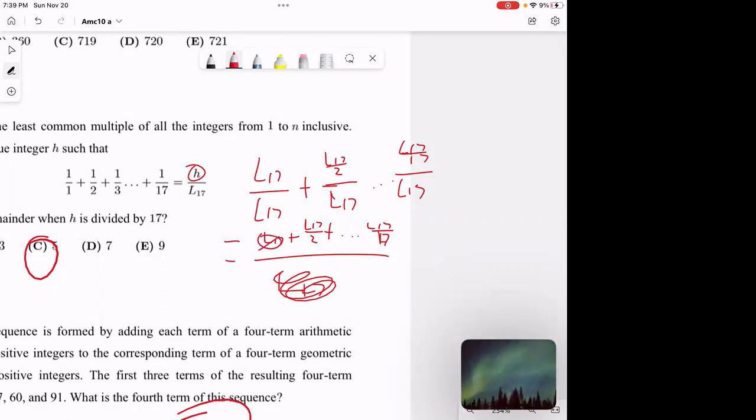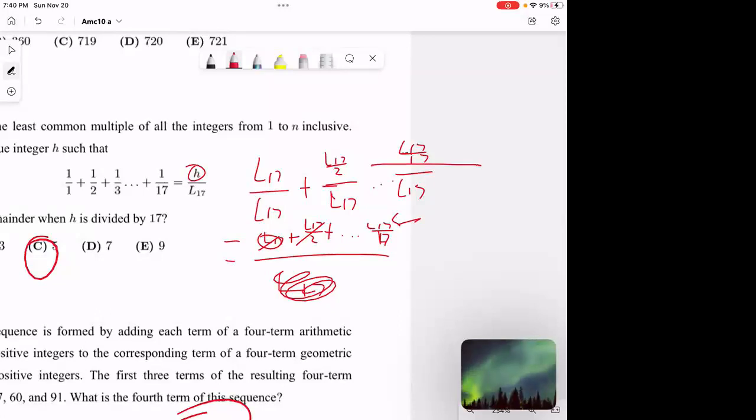This second term, you're only dividing by 2, so it's also 0 mod 17. And every single one of these is going to be 0 mod 17 because it's L of 17: 17 times some number times 2 times 3 and so on, divided by 2. There's still going to be a 17 there until you divide by 17 in this last term. So this is the only term we need to worry about.